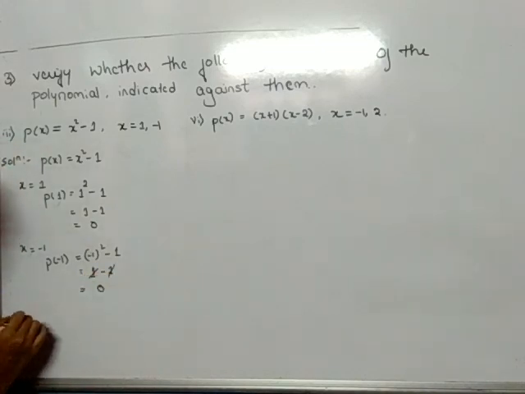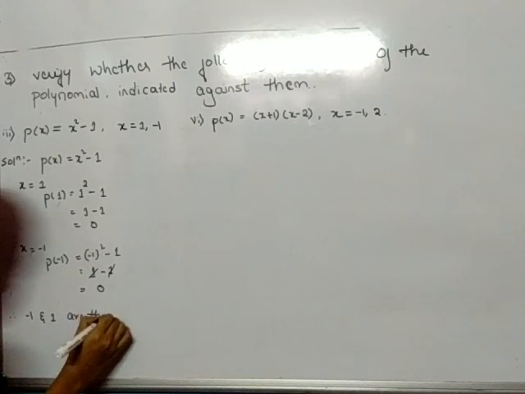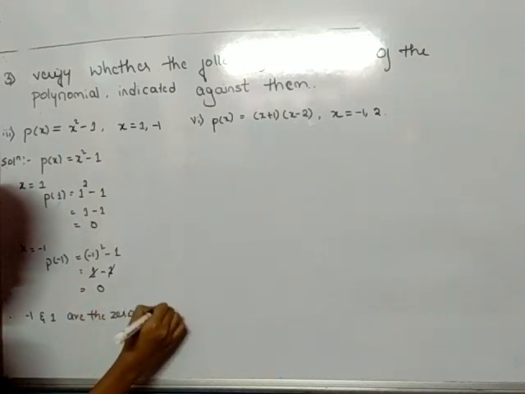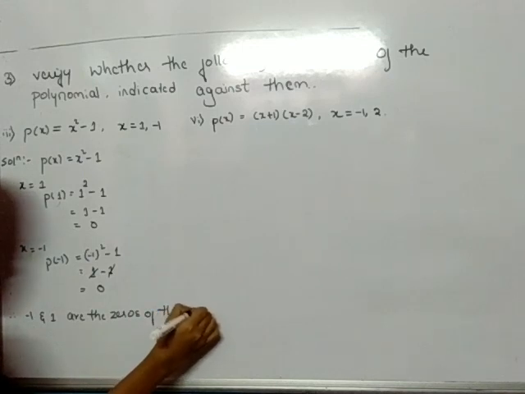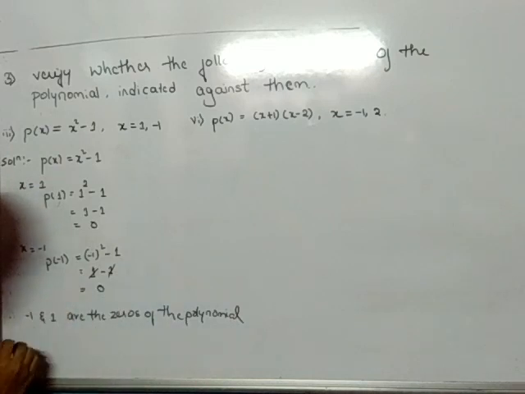So therefore we will write here minus 1 and plus 1 are the zeros of the polynomial which polynomial? X square minus 1.